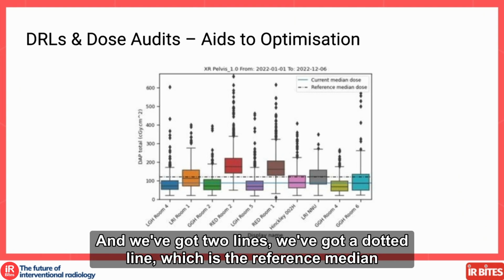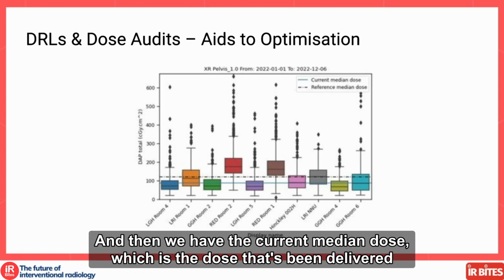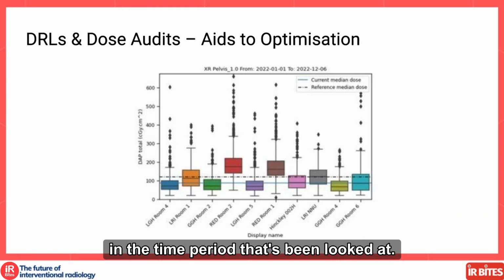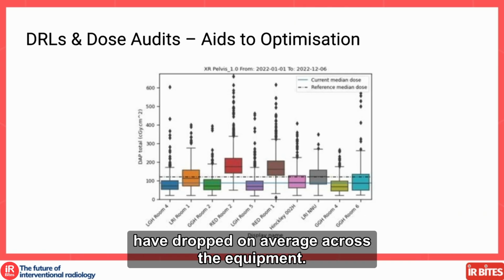We've got a dotted line, which is the reference median dose, which is the diagnostic reference level that we previously had, and then we have the current median dose, which is the dose that's been delivered in the time period that's been looked at. So we can see that between when the DRL was produced and now, the doses have dropped on average across the equipment.